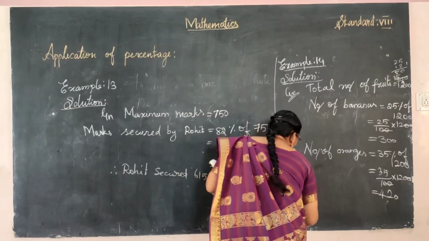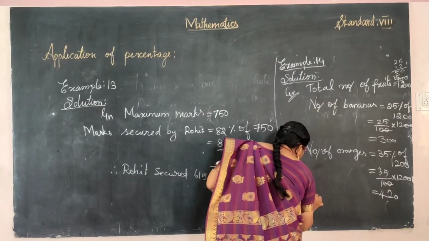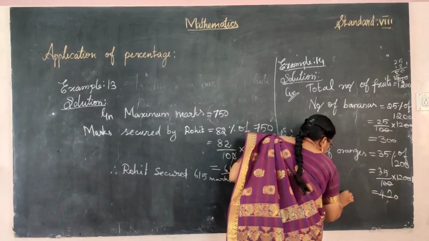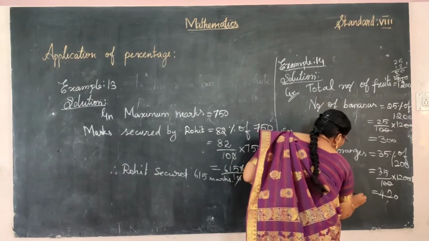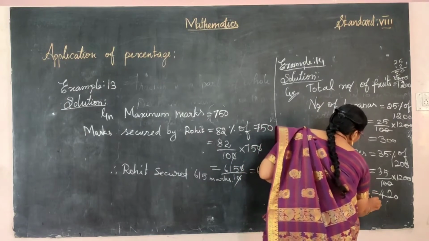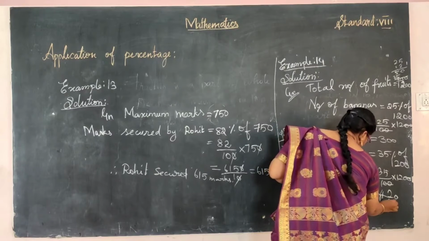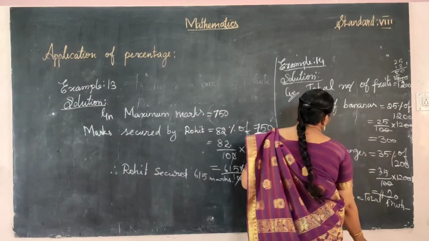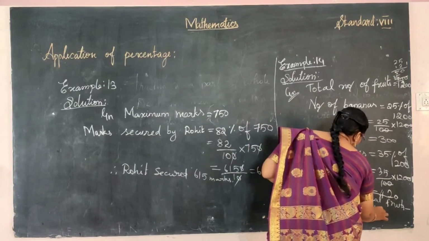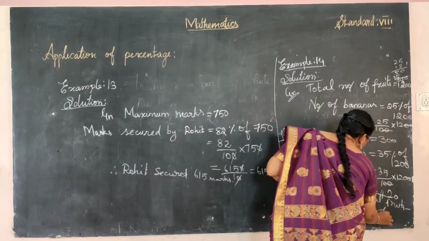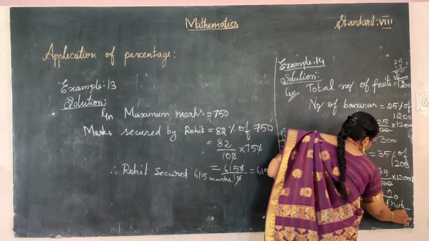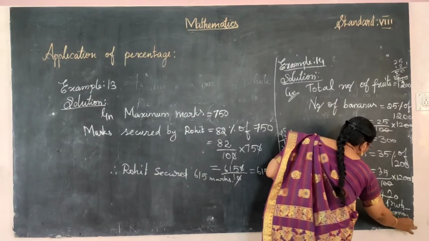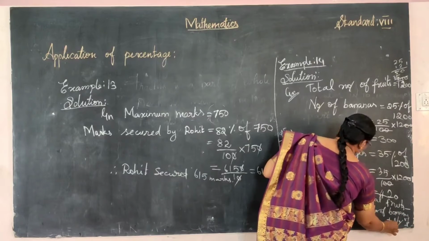So the number of mangoes is equal to total fruits minus the number of bananas plus the number of oranges.